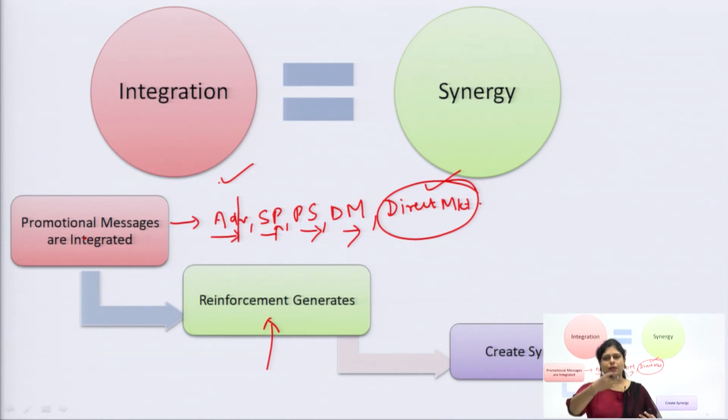So, when the same message was coming from different aspects, obviously with different creativity as required by these different platforms, like digital marketing requires its own creativity, sales promotion requires its own creativity. So, with all those creativities, the common objective and the common sense of the message was the same, right.